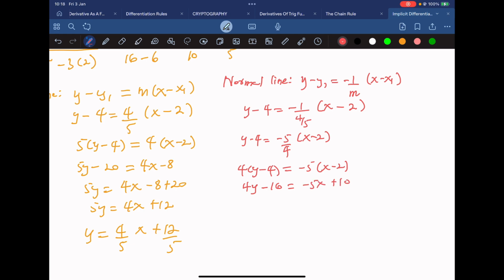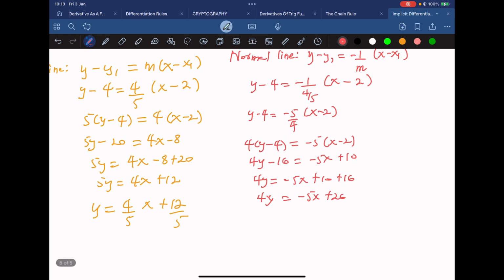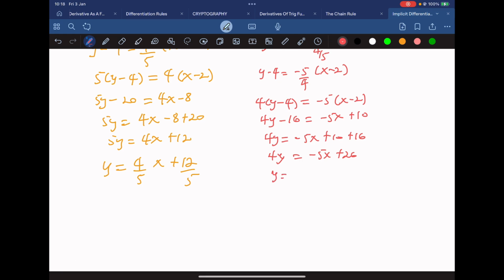We want y, so we make y the subject. We send negative 16 to the right hand side. It becomes positive. We have 4y equal to negative 5x plus 26. So we can have y equal to negative 5 over 4x plus 26 out of 4, which is negative 5 over 4x plus 13 out of 2, since 26 out of 4 is the same as 13 out of 2.